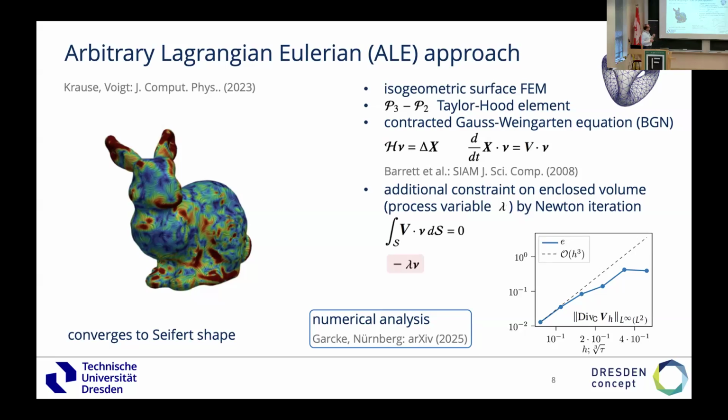It's an isogeometric approach, so the approximation of my surface mesh is the same as the approximation for the finite elements of our unknowns on it.